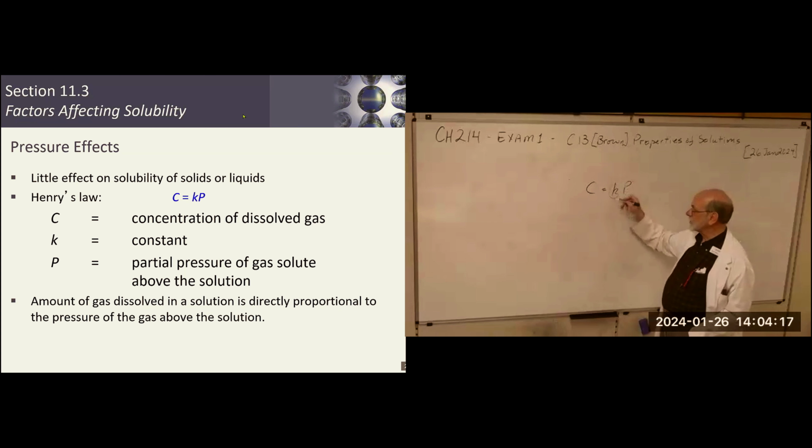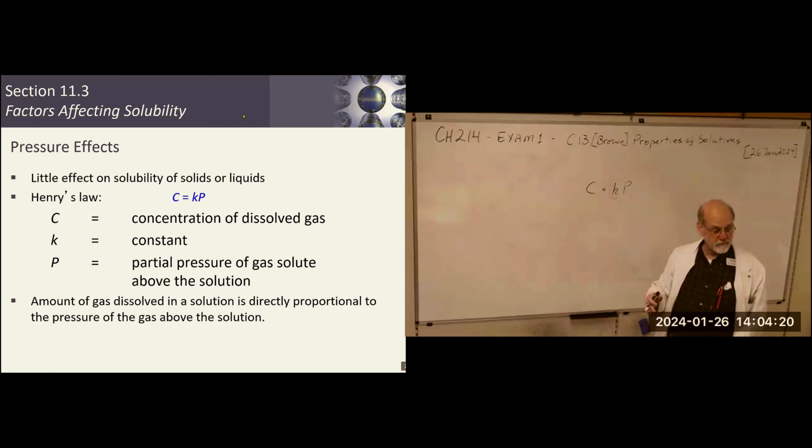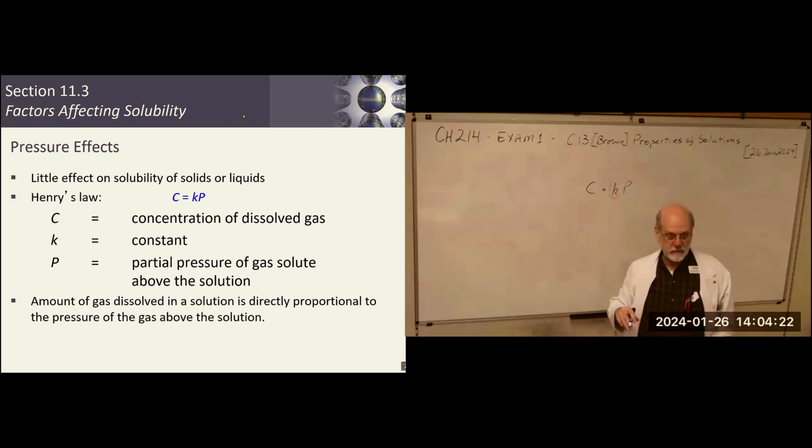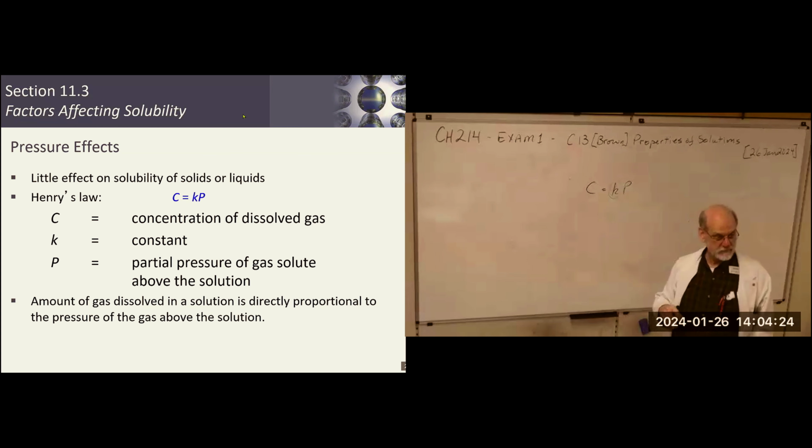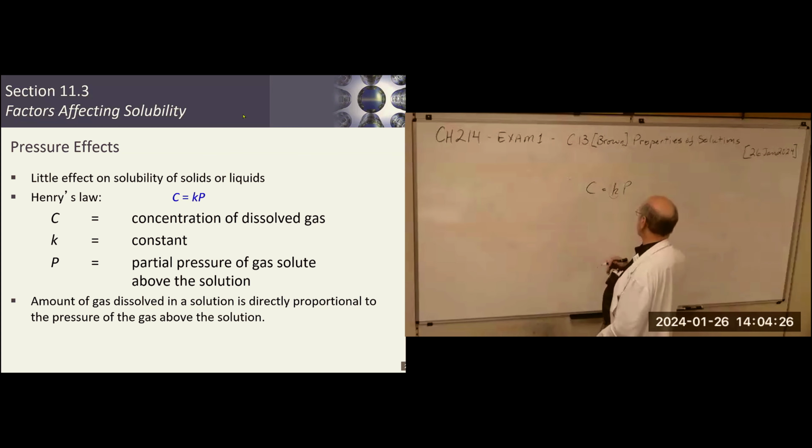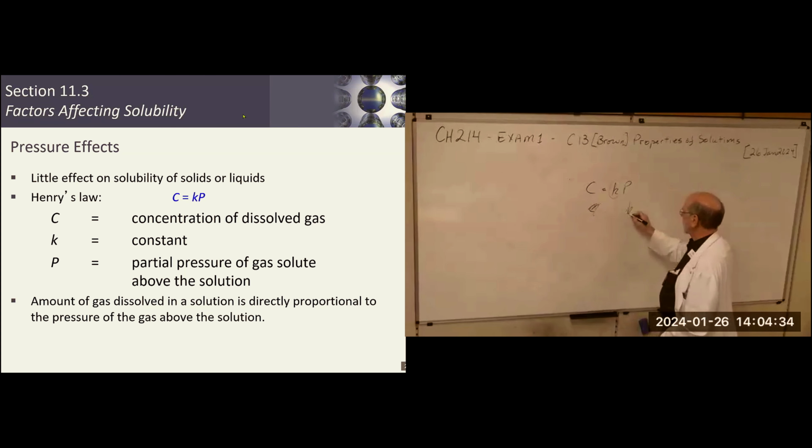So K has to be either empirically determined, or we have to use that trick that we use with the gas laws. So we would say, let's solve it for K. K equals C over P.